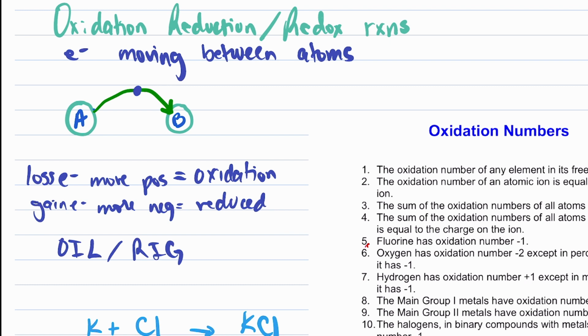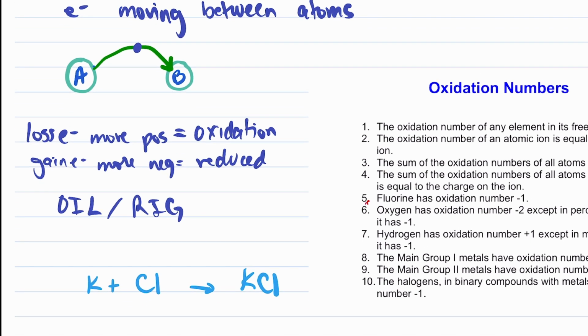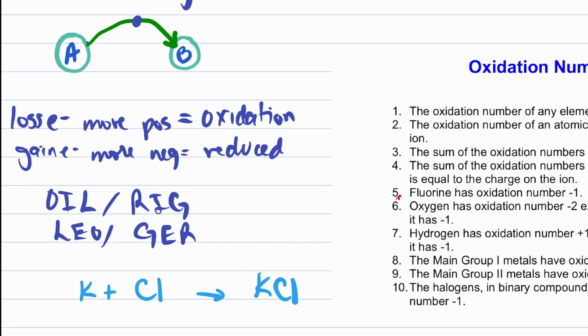If oxidation is loss, then gain must be reduction. Then there's this other one, LEO GER. Have you seen this one in lecture? They say Leo the lion goes GER. Anyways, whichever, just learn one, okay?